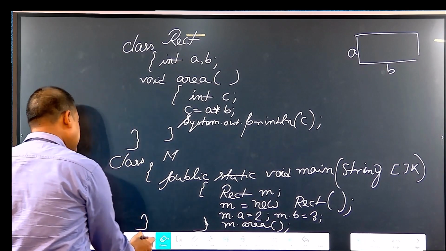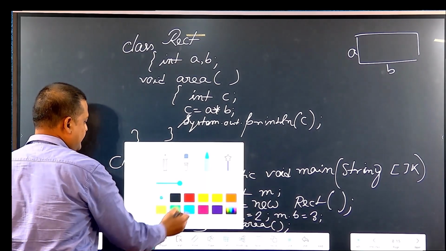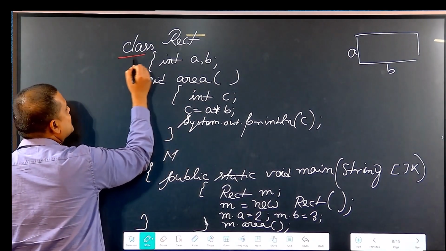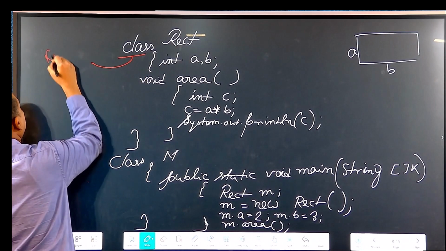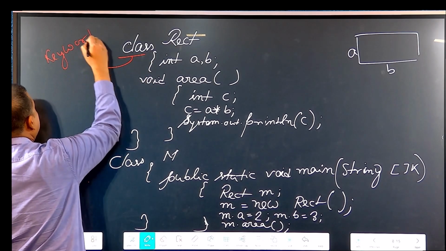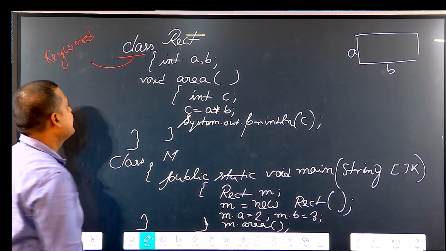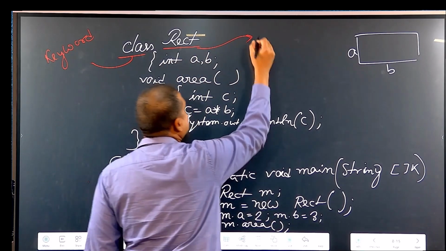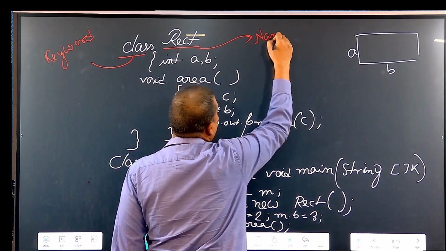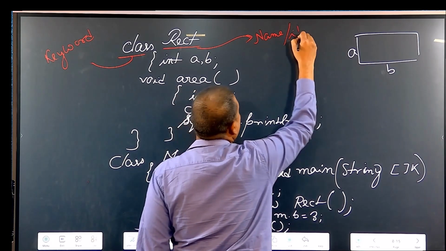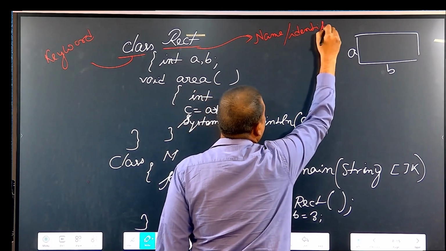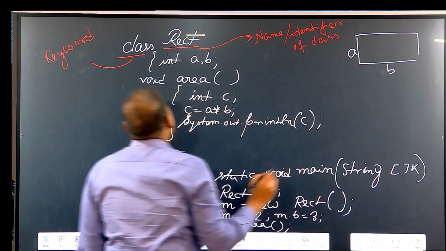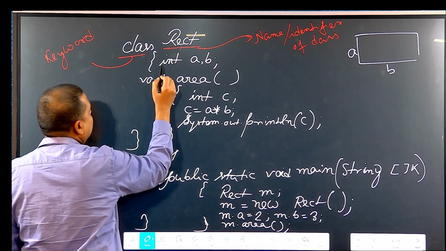Now, what are these actually? Let us have a look. This one, class, is called a keyword. This Rect is a class name or identifier of the class.